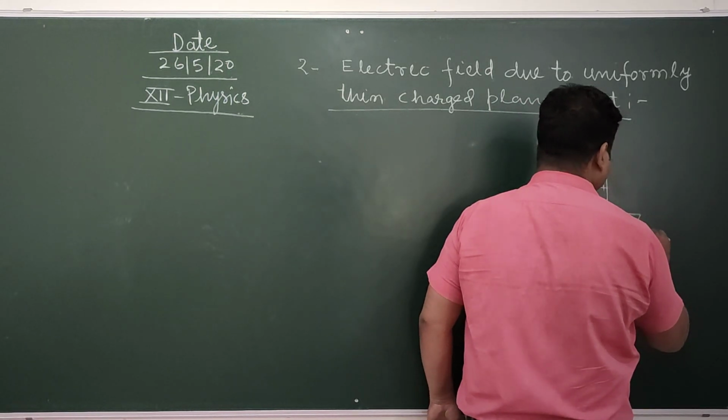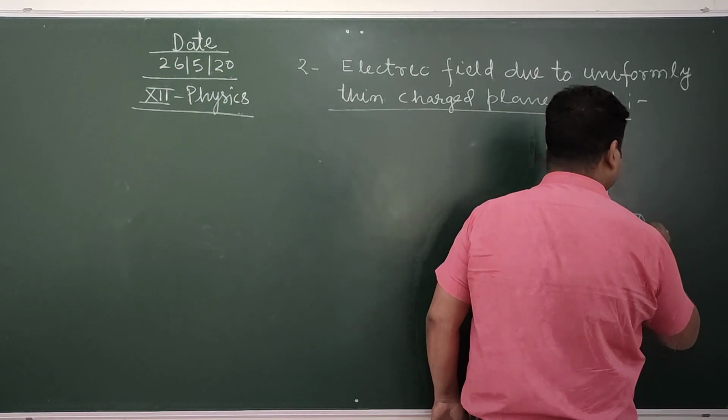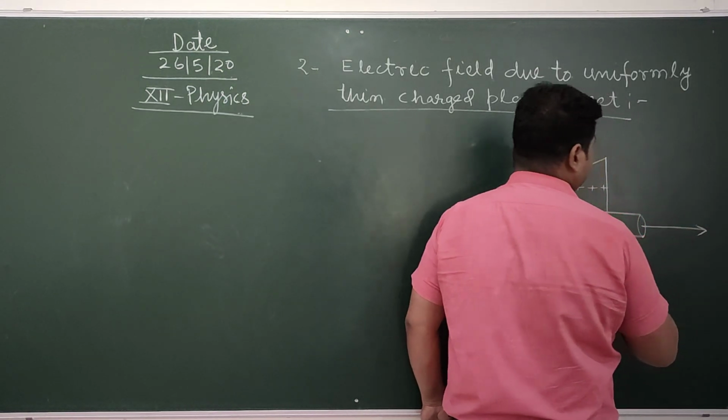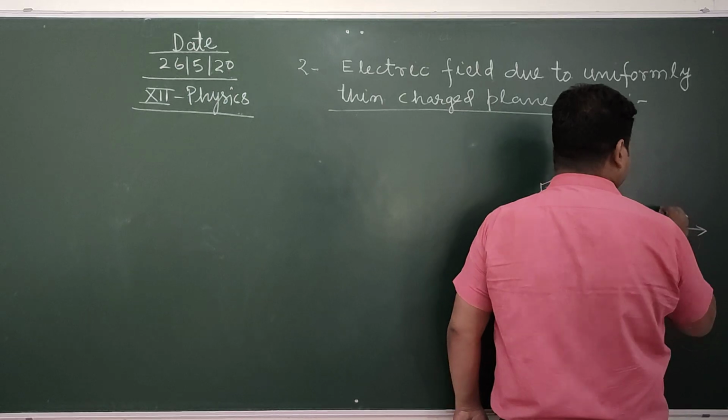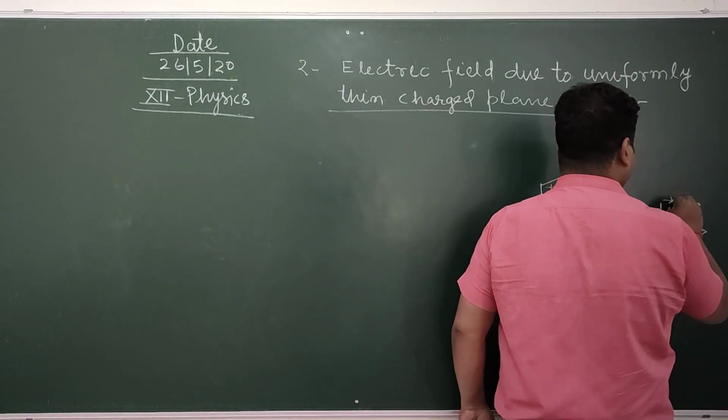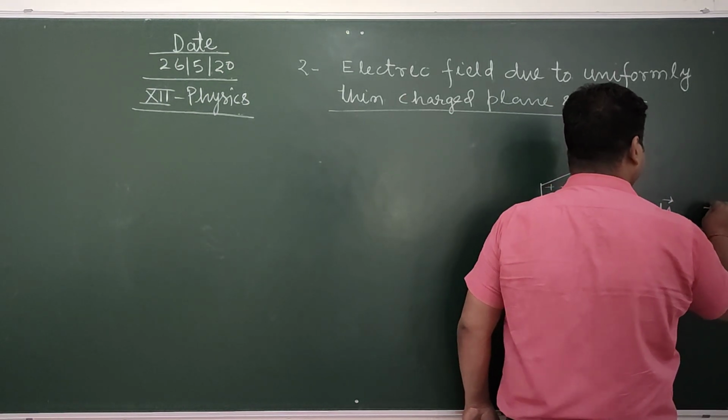The area vector of that surface element is normally outward. So here this is d vector A and that is electric field.